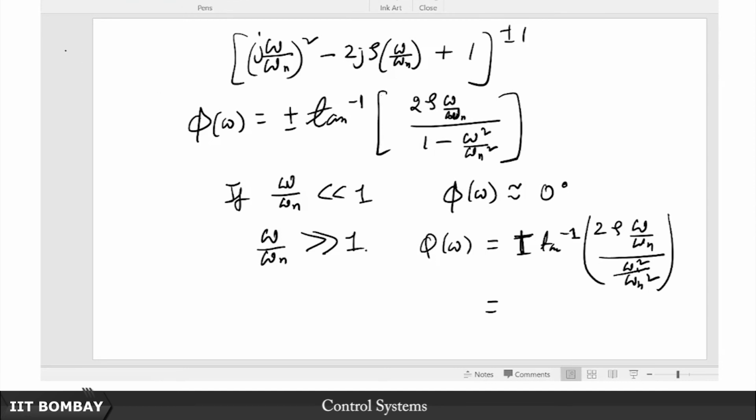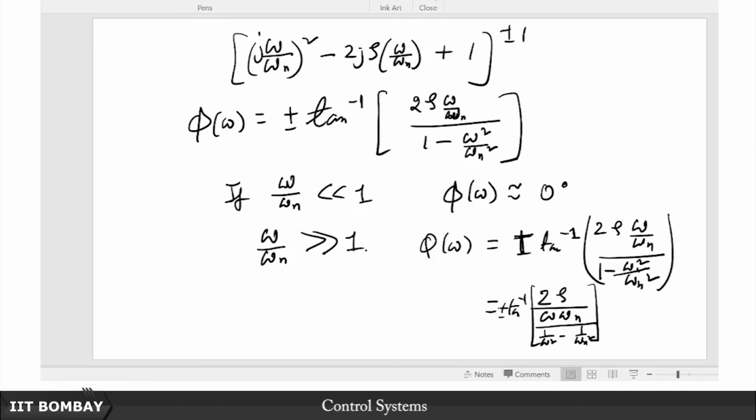Okay, let me retain this term for now. So this is 1 minus omega squared. Let us say omega is much greater than this. So I will divide by omega squared above and below, which is what we do when omega tends to infinity. So we will have 2 zeta upon omega n, of course with a plus minus tan inverse sitting ahead of it, and this is 1 by omega squared minus 1 by omega n squared.